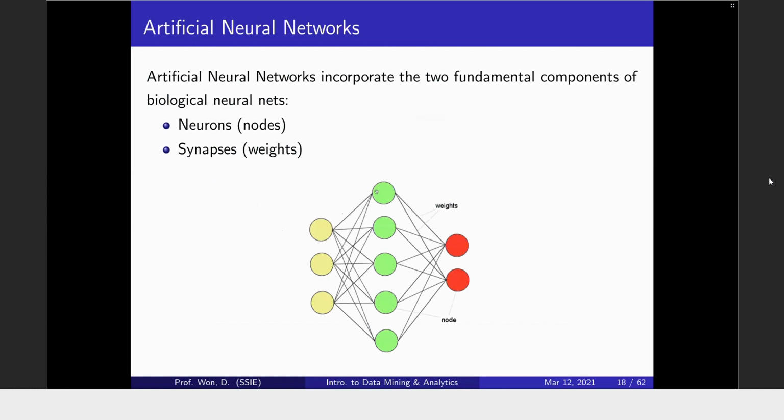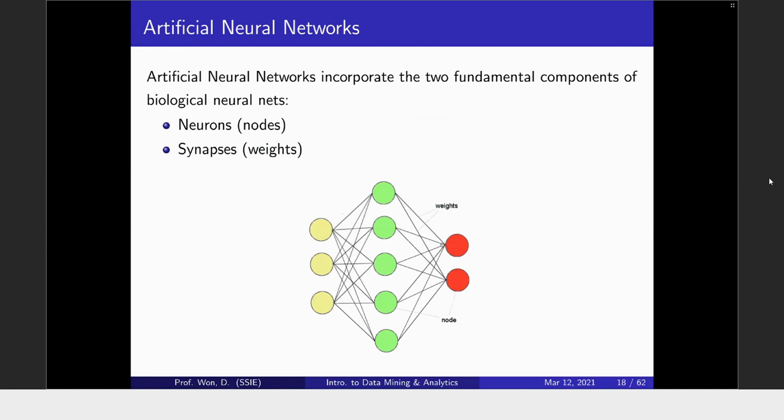And this solid line represents some kind of connectivity between the nodes, between the neurons, right? So it is like the synapse in actual biological neurons, but in this case, we call them the edges or weights of this connectivity.